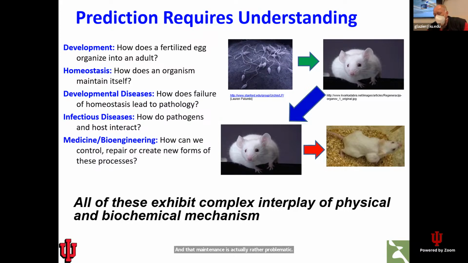How do organisms fail? Well, one way they could fail is by injury. Another way they could fail is by infection. But one of the ways that people are particularly interested in is what are called developmental diseases. The classic developmental disease is cancer. Cancer is often thought of as a genomic disease, but it's not really a genomic disease. It's a disease of misregulation of signaling.